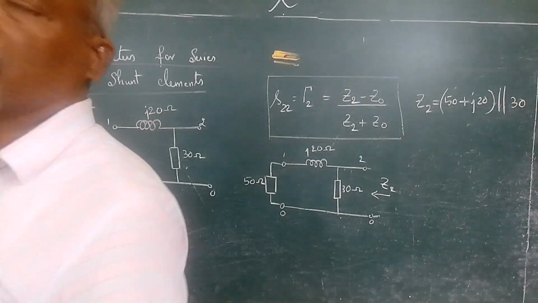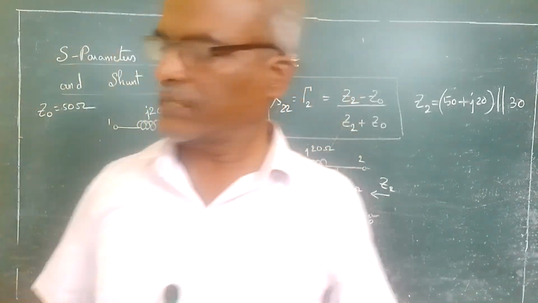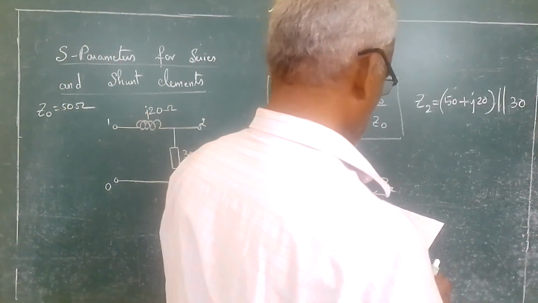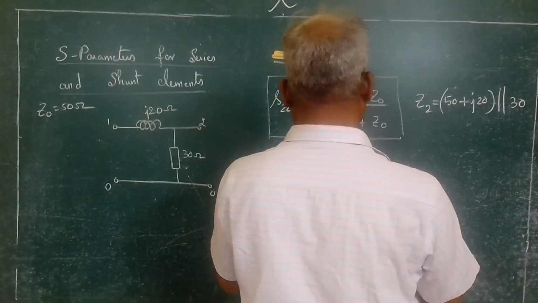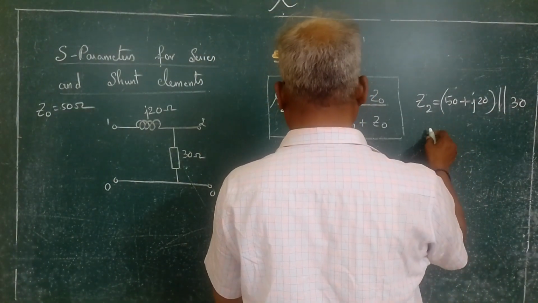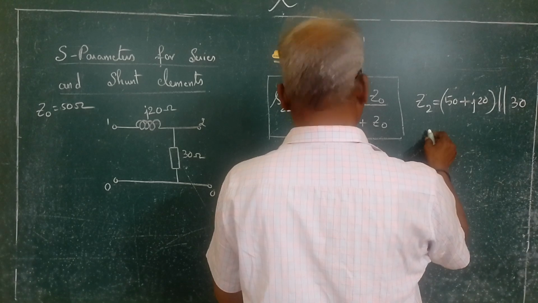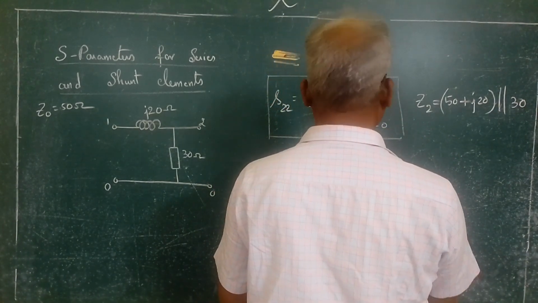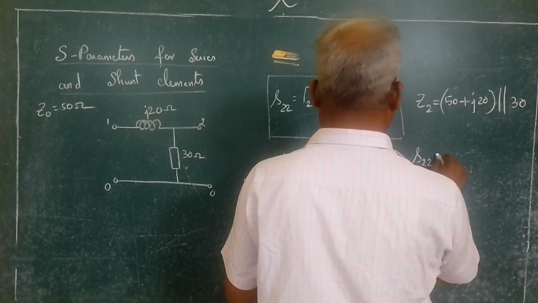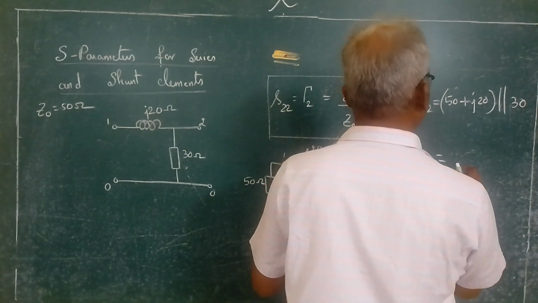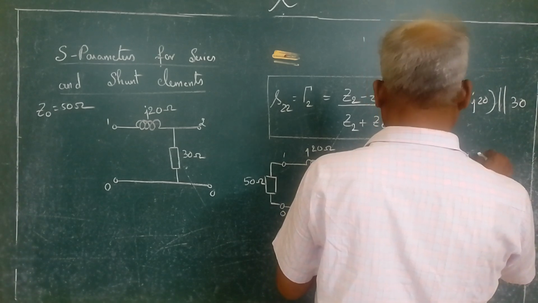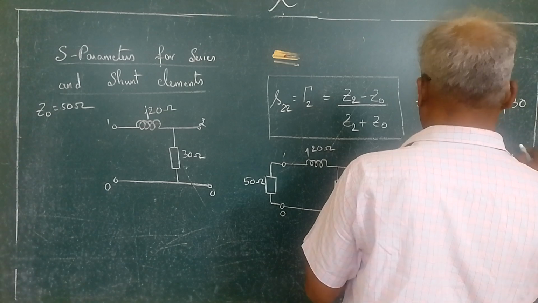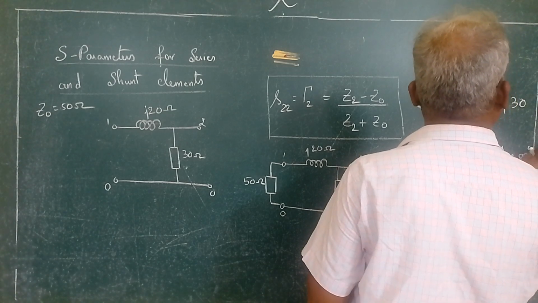I have done the calculation already, and I will give you the final answer. After doing all these steps you get Z2, and you substitute the value of Z2 in this equation. Now S22 becomes 0.442 angle 172.87 degrees.